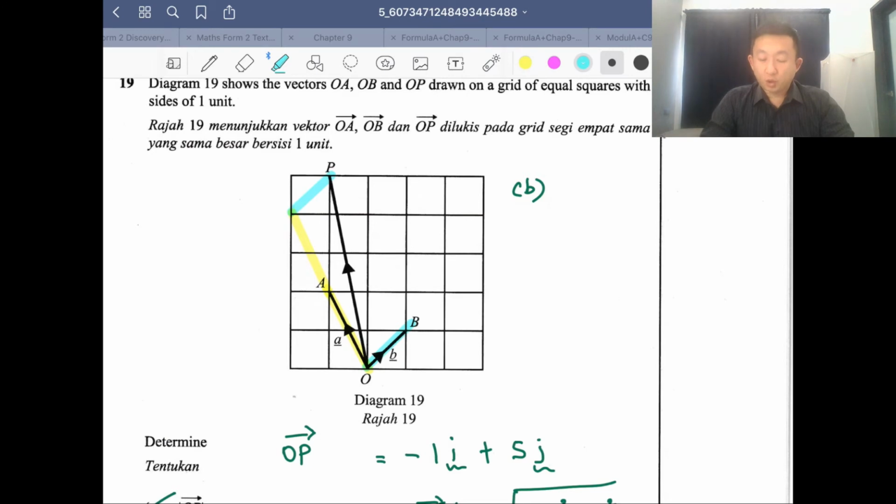Then you have O to P. So this is a, this is also a, this is b. To travel from O to P in terms of a and b, a, a, so 2a plus b. This is your answer for OP in terms of a and b.